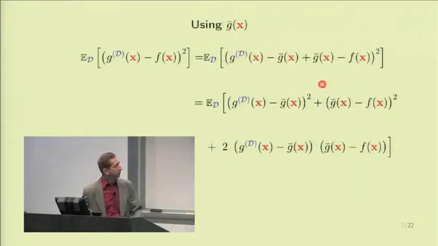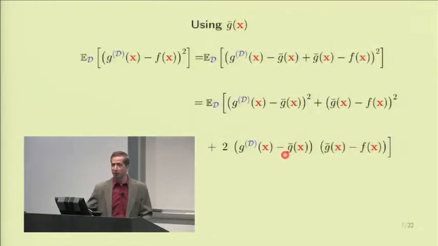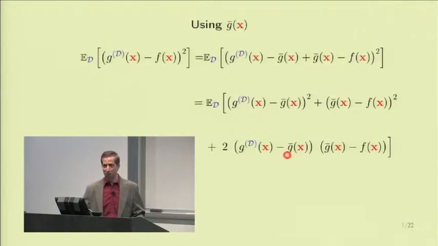Okay. Now the expected value here applies to the whole thing. Now the first order of business is to look at the cross terms because they are annoying, okay? And see if I can get rid of them. That's where the benefit of the squared error comes in. Now I am getting the expected value with respect to D, right?